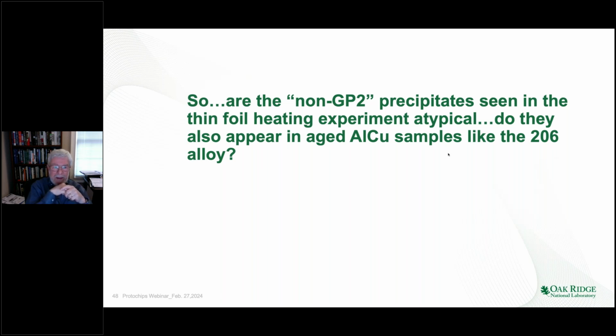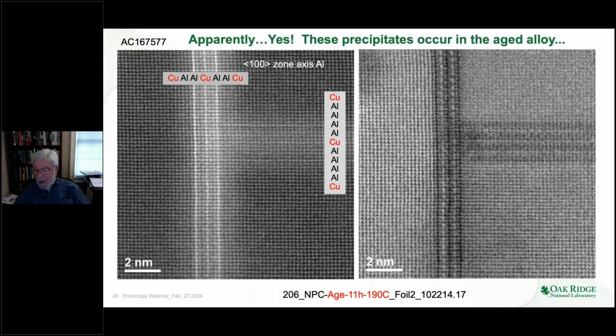Do they also appear in aged aluminum copper samples like the 206 alloy? Well, of course they do. We didn't know this until we went back and started looking, because we saw these kinds of structures and you just presume, without paying attention, they're GP2s, but they're not. They're this copper, aluminum, aluminum, copper, aluminum, aluminum, copper.